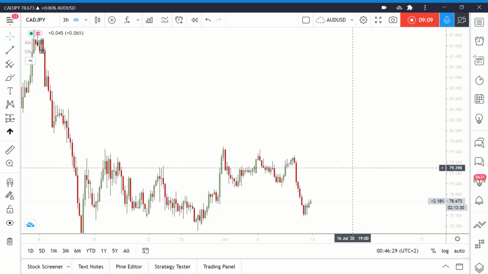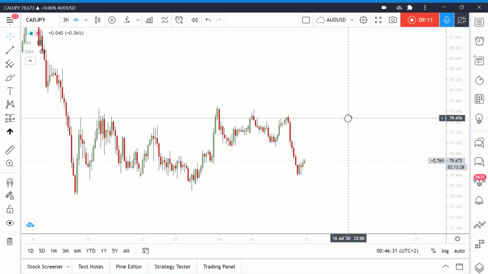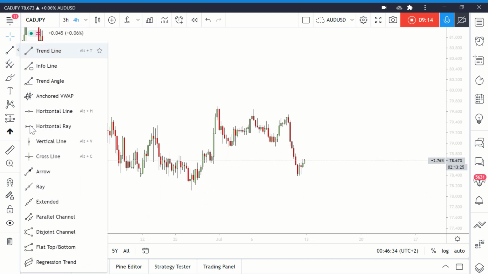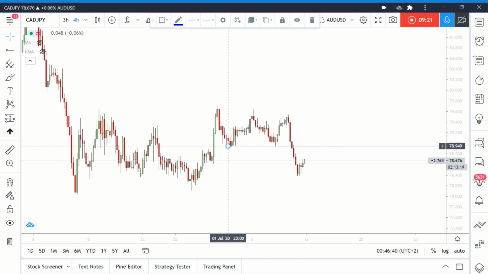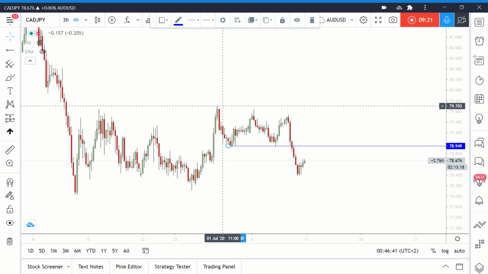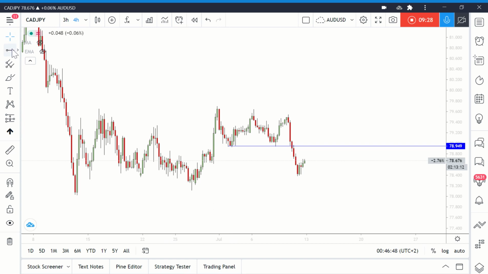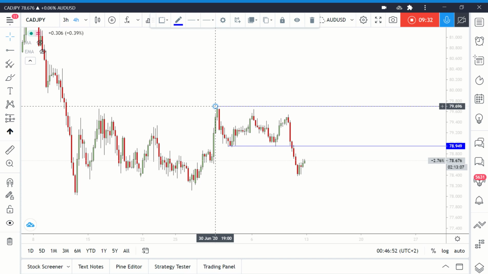What we can see on the CAD JPY, if you're looking at a broader perspective, is that before we had that breakout last week, price has been stuck between these two areas of support and resistance. Right, I'll just draw it in like this.